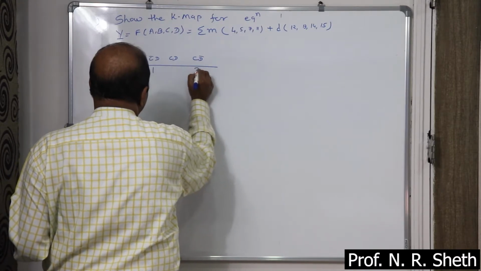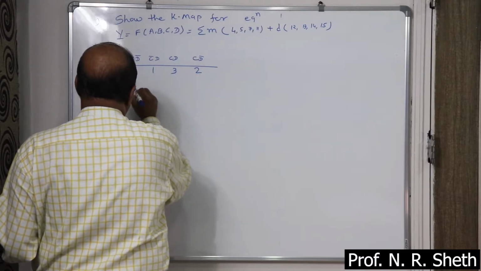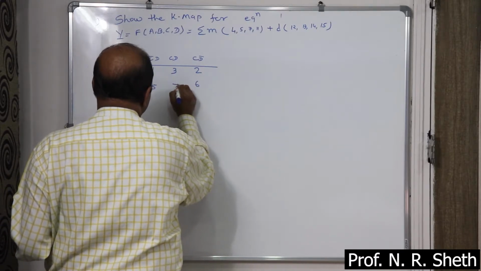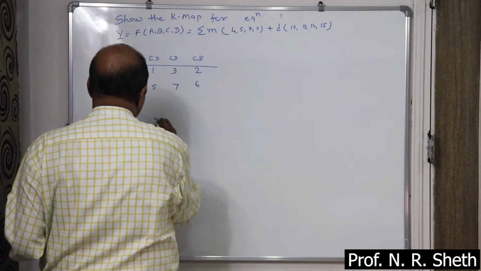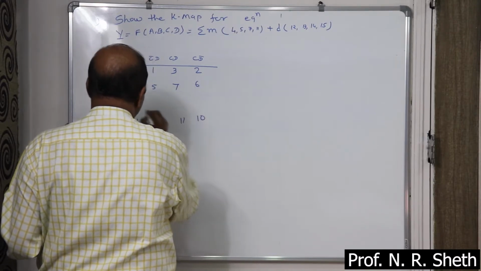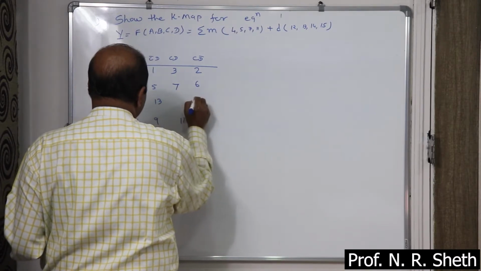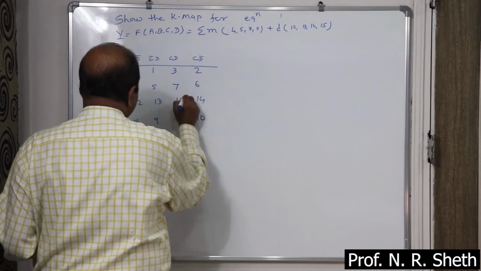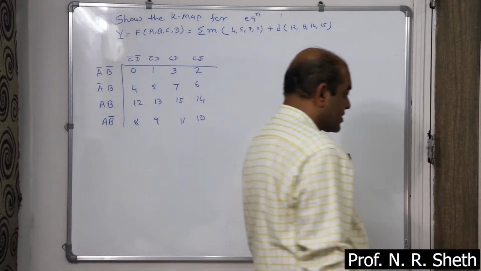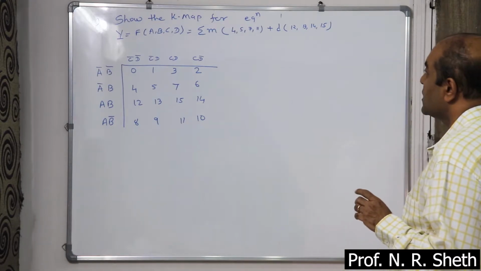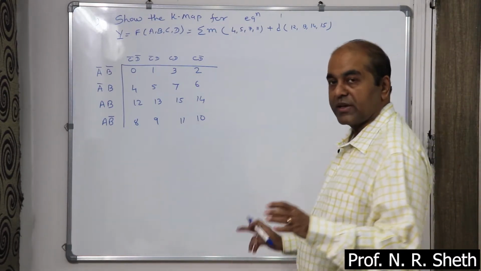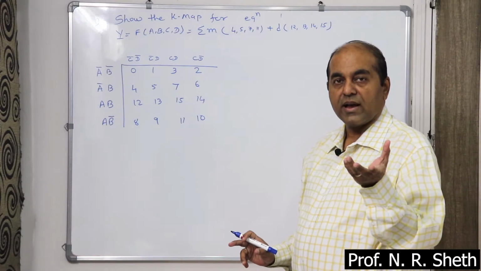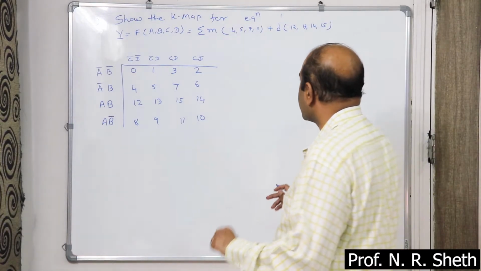0, 1, 2, 3, 4, 5, 6, 7, 8, 9, 10, 11, 12, 13, 14, 15. This is your state-wise diagram. Now after this, you have to place 0, 1 and X at the appropriate places.